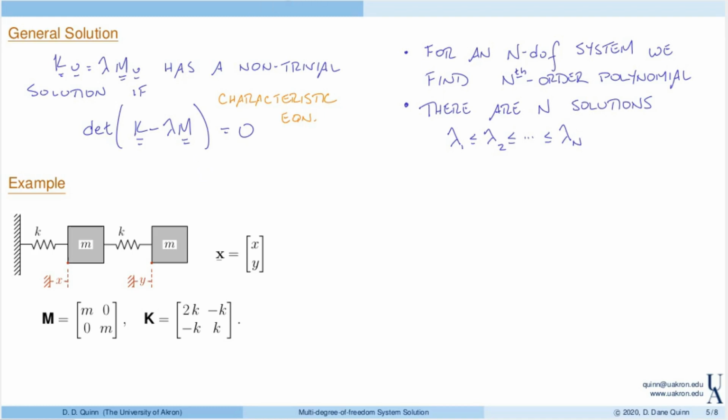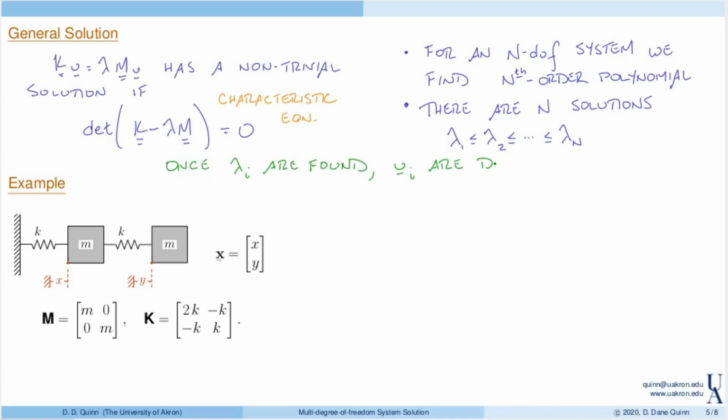So then, once the eigenvalues are found, the different eigenvectors, and again there are n eigenvalues, and so there will be n distinct eigenvectors.